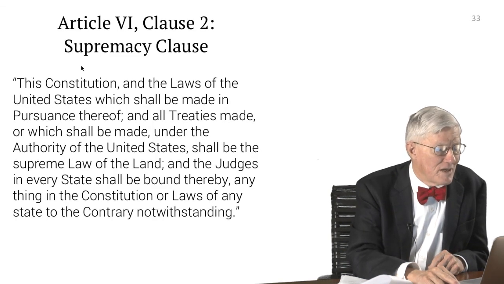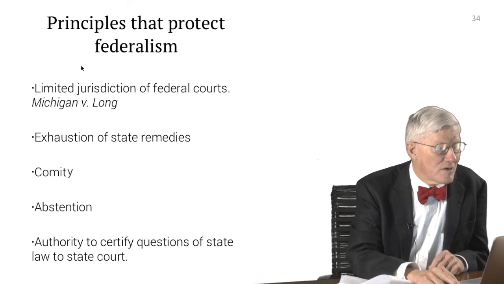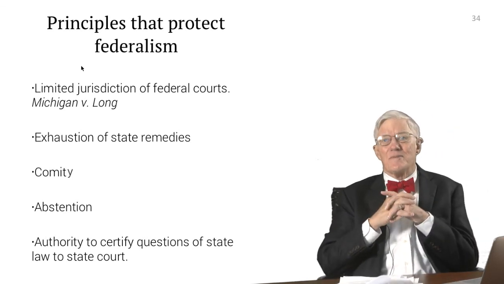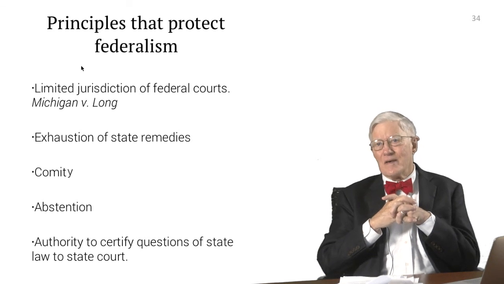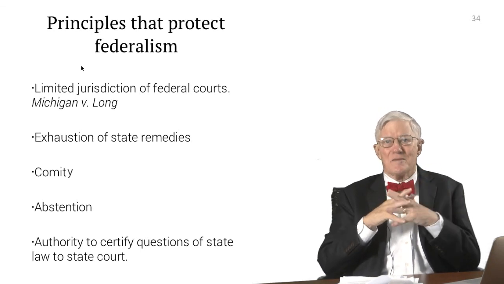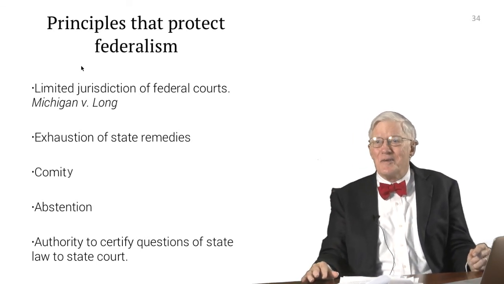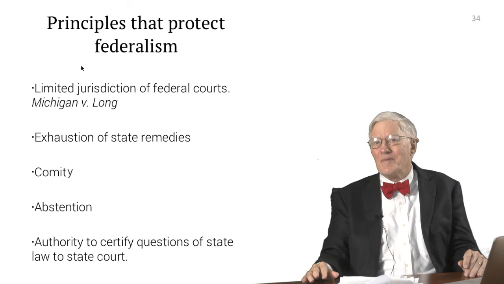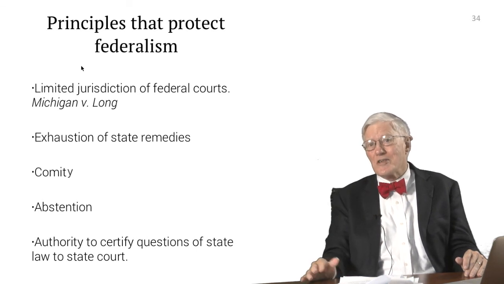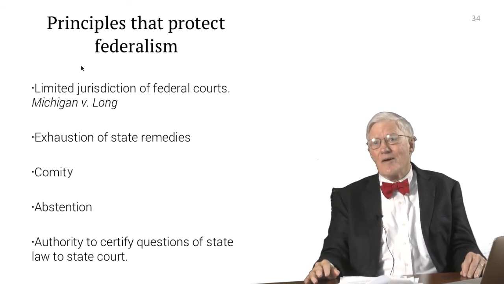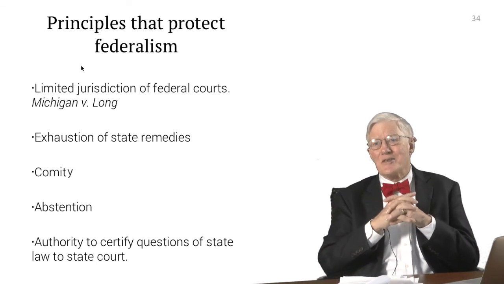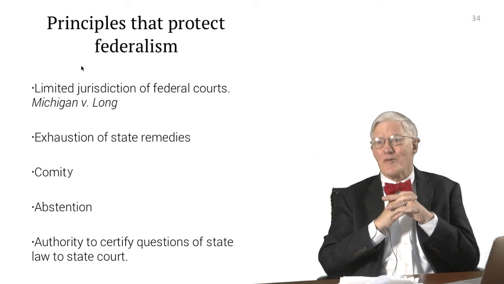The Supremacy Clause we've discussed. I now want to talk about several principles that help protect federalism. First of all, I want to remind you of a case which I'm quite certain you analyzed when you studied federal constitutional law, Robbins versus Pruneyard Shopping Center. It was a Rehnquist decision, and it came down in the context of free speech.